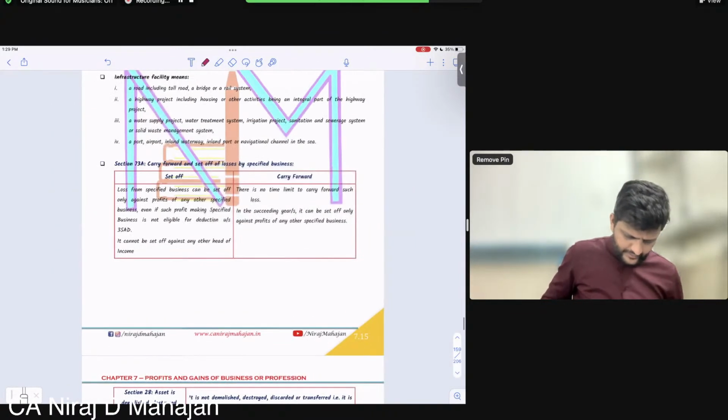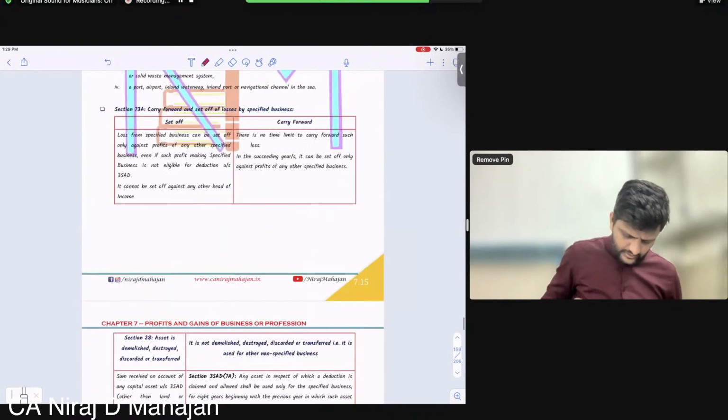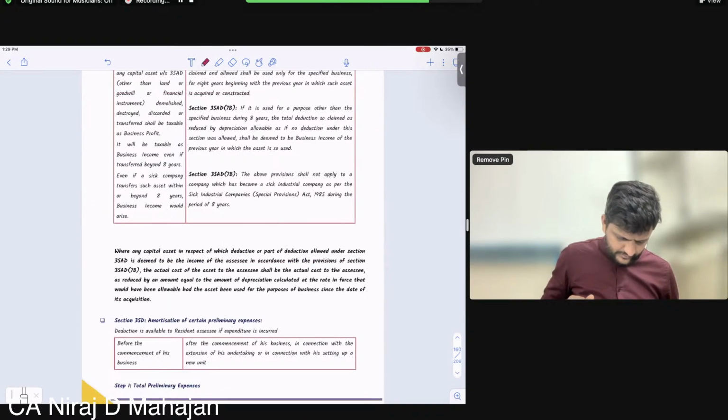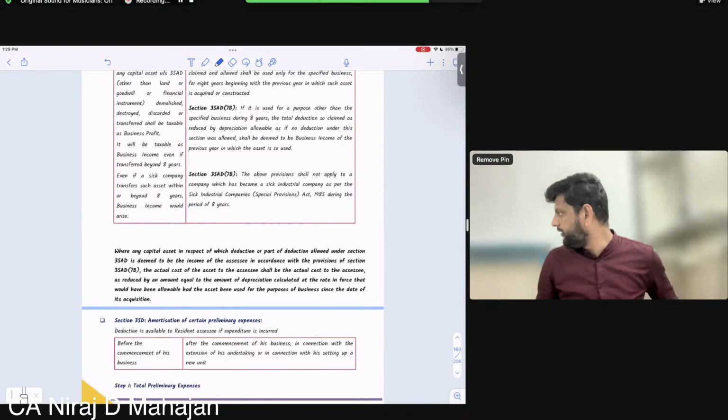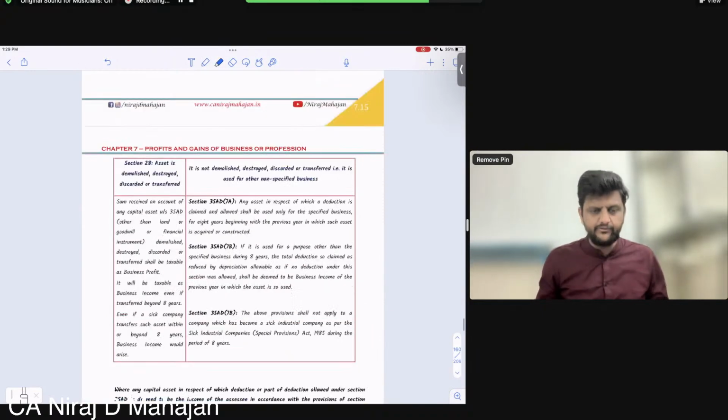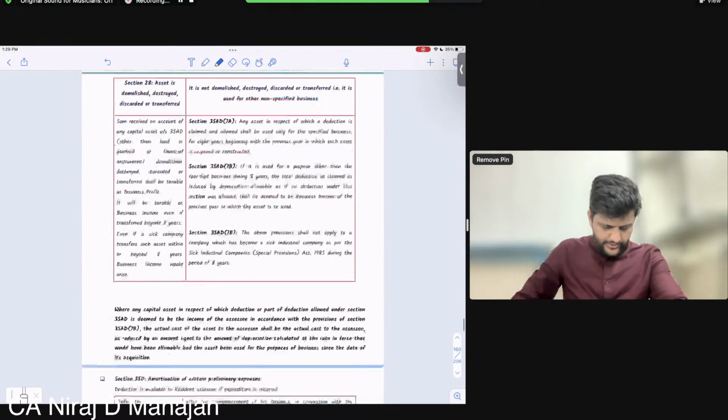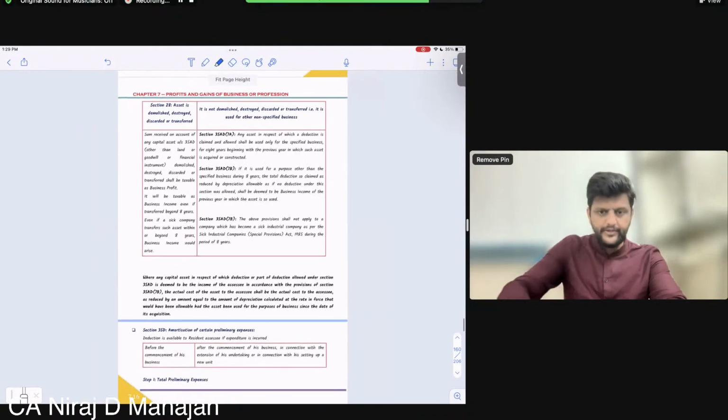At least you will read till here, read and come, okay, everybody. That is it for income tax for today, children, okay, don't go yet.